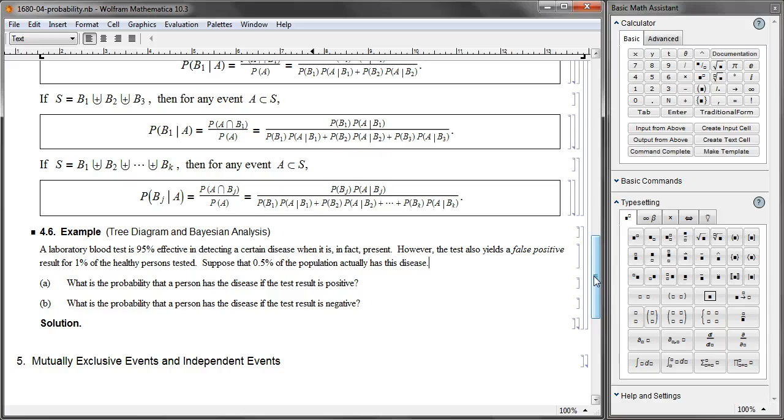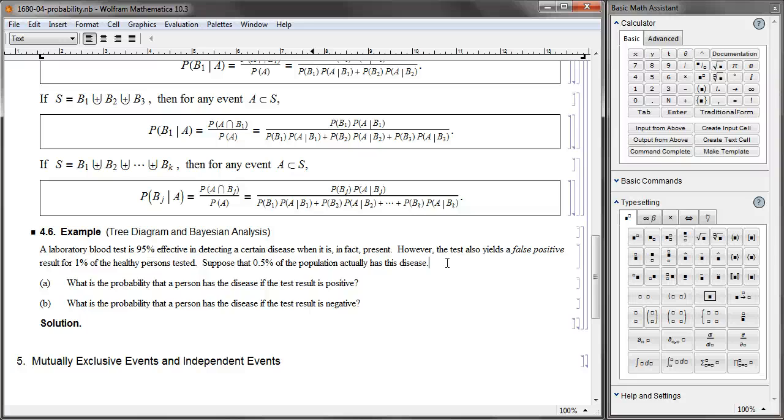Now, before going over the solution, let's scrutinize these three numbers. 95%, which is obviously a probability, 1% another probability, 0.5% another probability. But there is a subtle difference between these three.